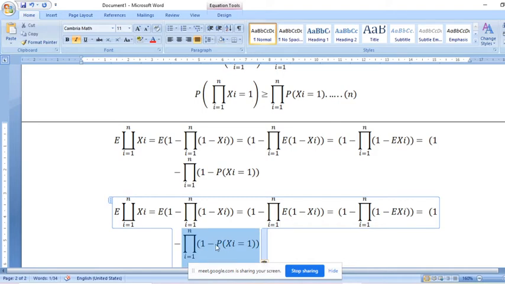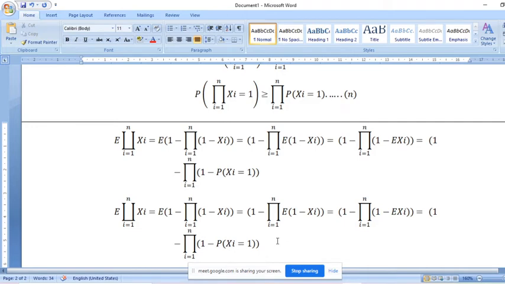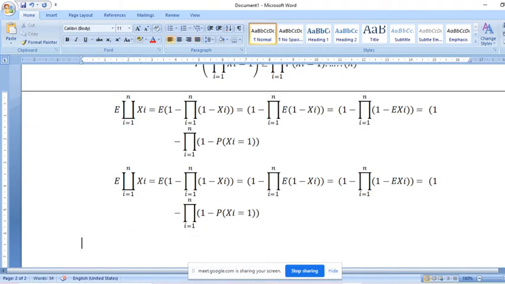So expectation of union i from 1 to n of xi equals expectation of 1 minus product i from 1 to n of (1 minus xi), that equals 1 minus product i from 1 to n of expectation of (1 minus xi), that equals 1 minus product i from 1 to n of (1 minus expectation of xi).